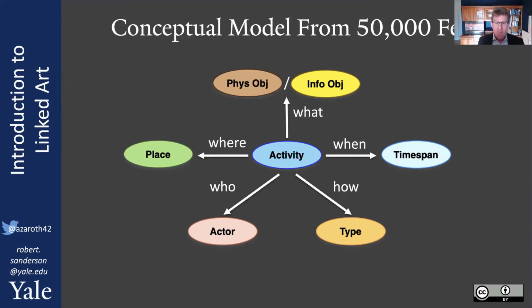They can occur in different methodologies. They have different techniques, which are types. They are performed by actors, be they groups or people, and they occur at locations. We then further refine this, as part of both the CRM and Linked Art, to be more appropriate to the domains.